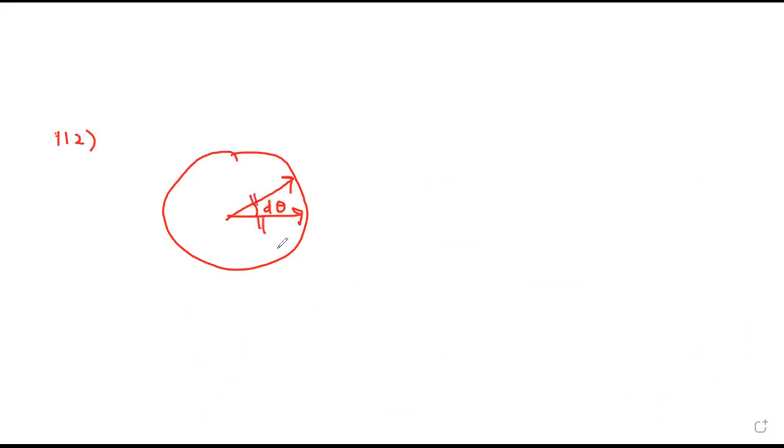Length is the same. So the magnitude of change in A, delta A, is zero, because it will not change.